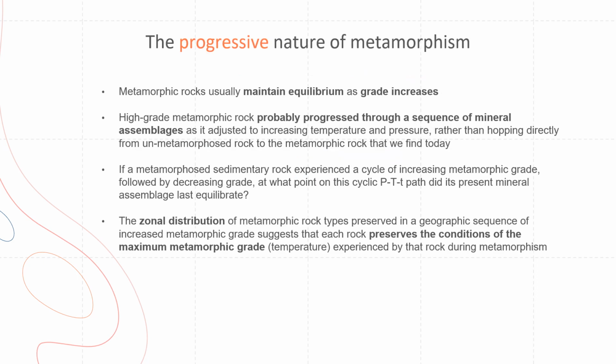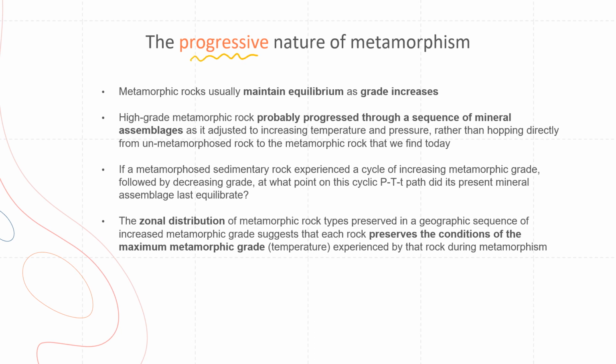So at the end of part 1 of our lecture, we touched really briefly on how studying metamorphic rocks and studying the process of metamorphism can help us to unravel the history of the Earth's crust. And this is due to the progressive nature of metamorphism.